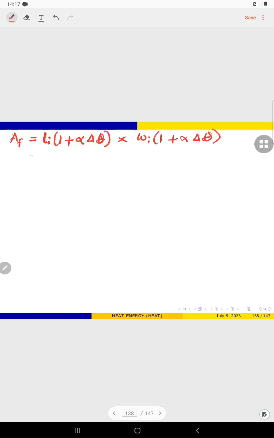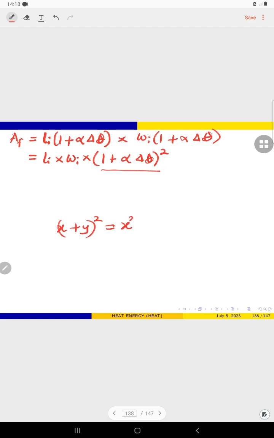Now let's try and beautify the equation. If we are beautifying this equation, then we can say LI times WI, times 1 plus alpha delta theta all squared, alright? Is that not it?